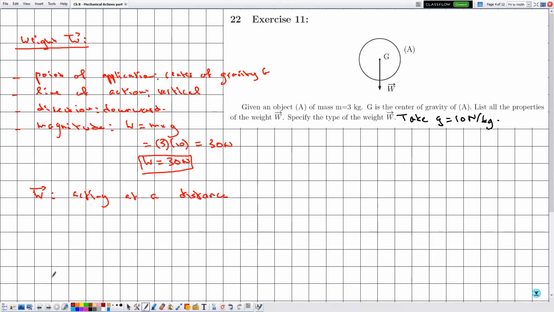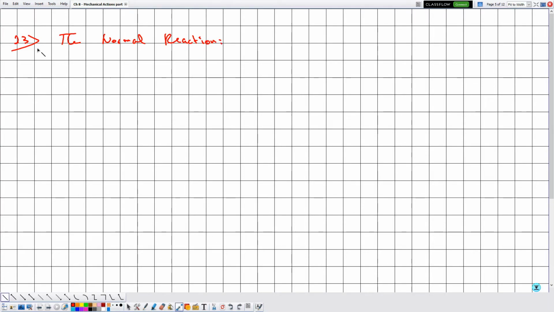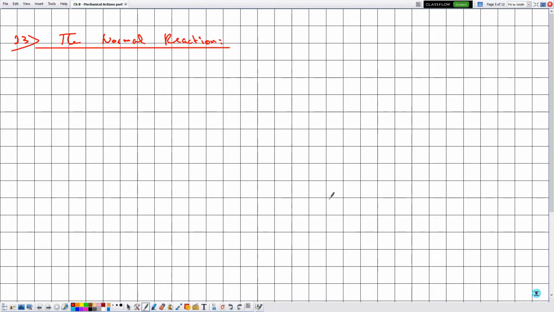And now let me move to the next section, which is the normal reaction. Now section 23, the normal reaction. Now let me write the physical definition.